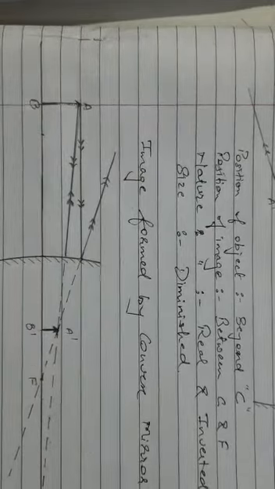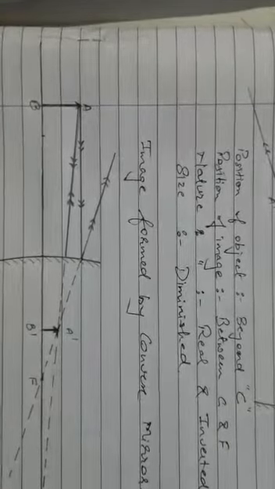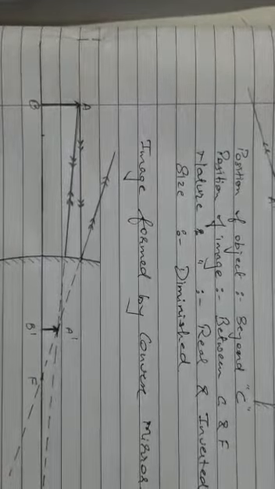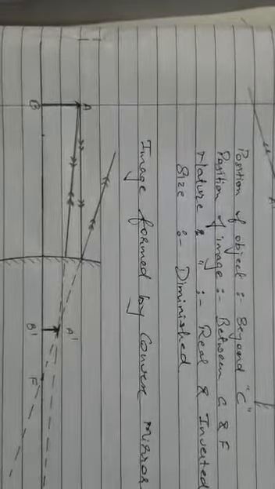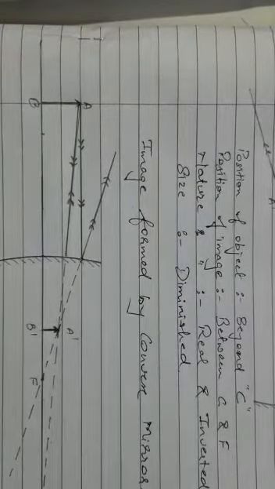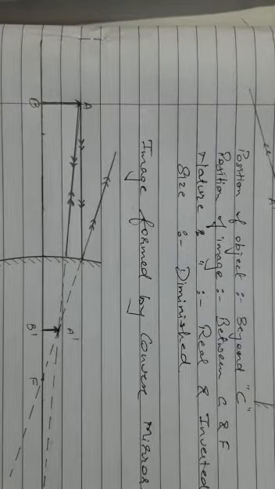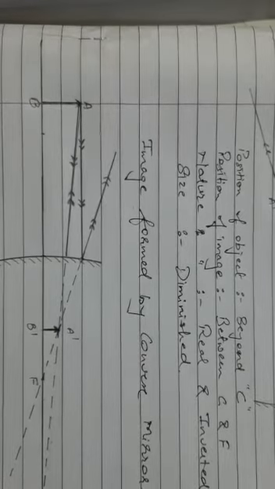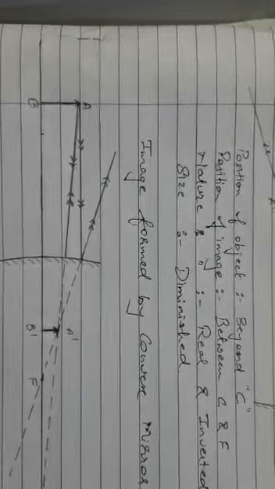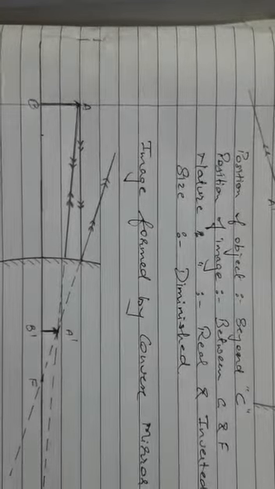So you are going to write down here, again the same way, position of object. Here the position of object is between infinity and pole.